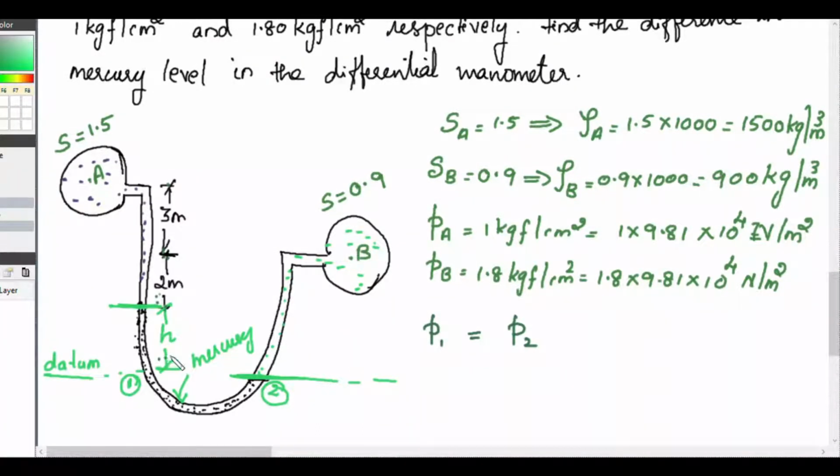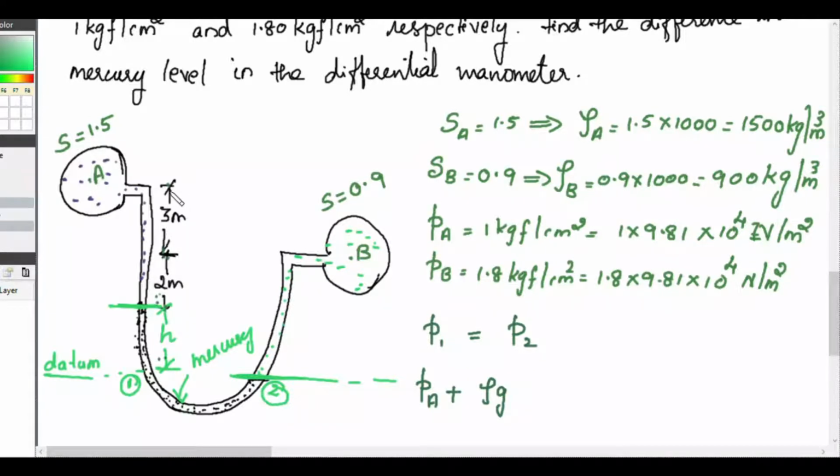So we get pressure at A plus rho g h for a distance of 3 meter. Here the density is 1500 kilogram per meter cube. This is the same liquid, right?